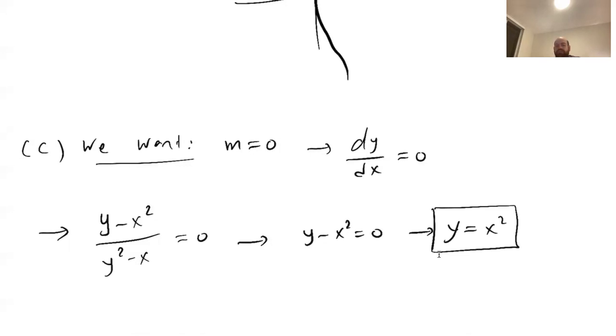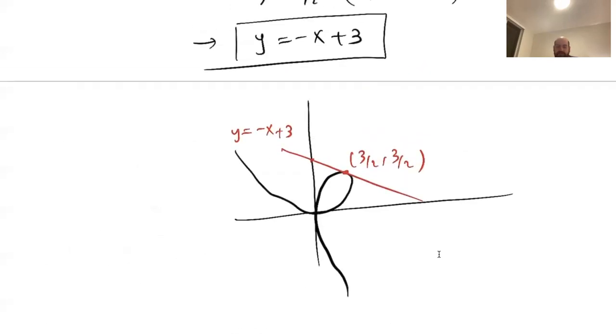Now, how many points do we have on y equals x squared? Y equals x squared is a curve, it's a parabola. Of course, there are infinitely many points there. And of course, our answer is not all those infinitely many points, right? You can also see from the graph that there are not infinitely many points with a horizontal tangent line.